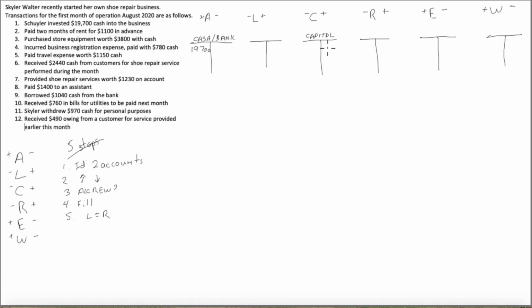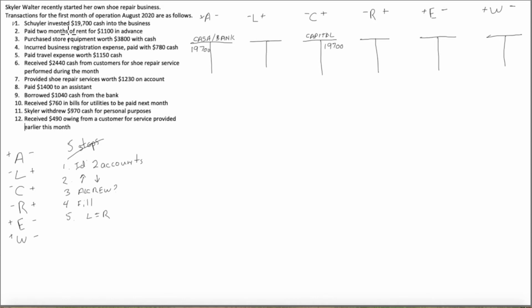So capital went up on the right-hand side. And last but not least, does left equal right? Left equals right. Perfect. Check. All right, let's move on to number 2.